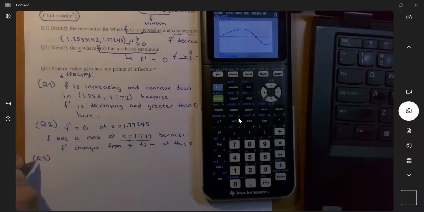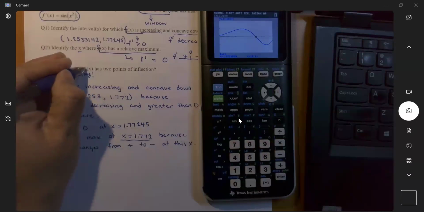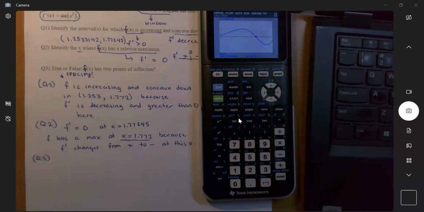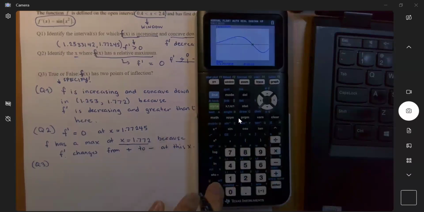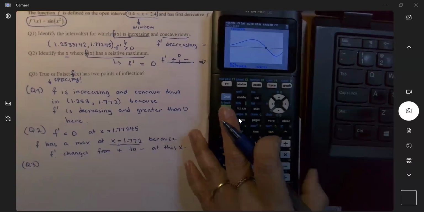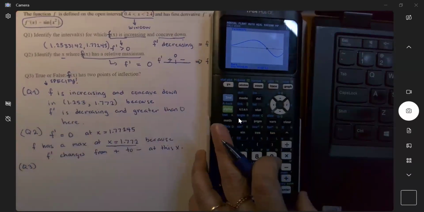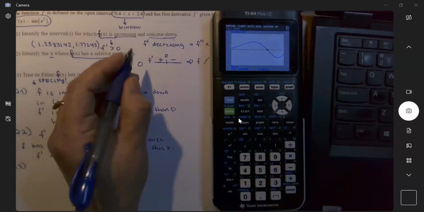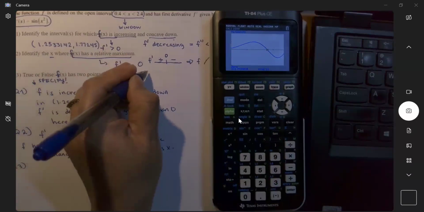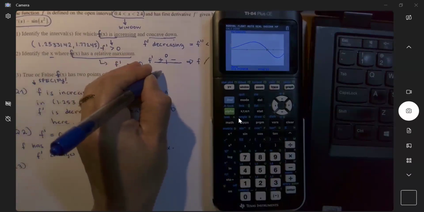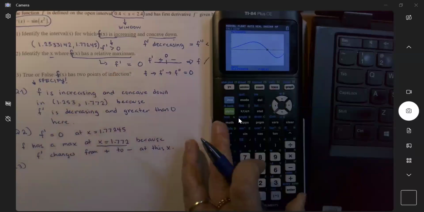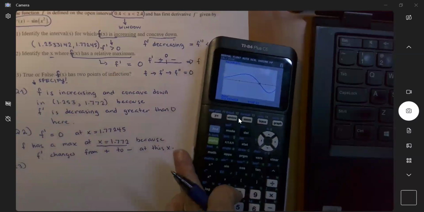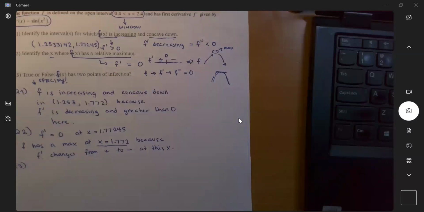Q3 and the last one, true or false, F has 2 points of inflection. How can I tell that F has 2 points of inflection? Where can I find the points of inflection? On a side note, just a quick review, F has points of inflection when we find the second derivative and solve for 0, for a continuous function like this one.